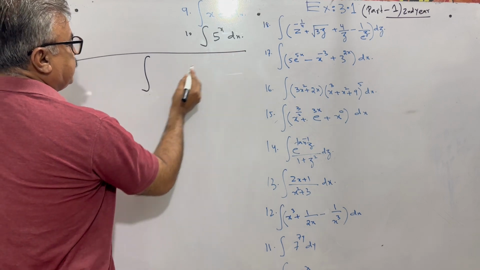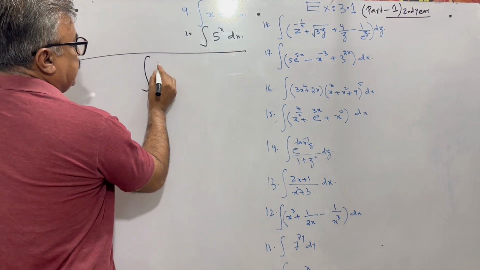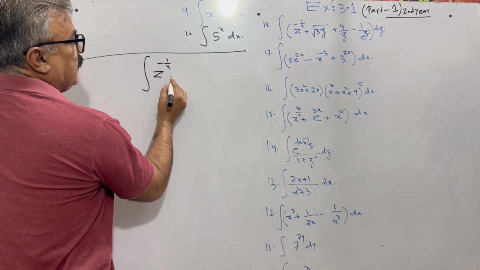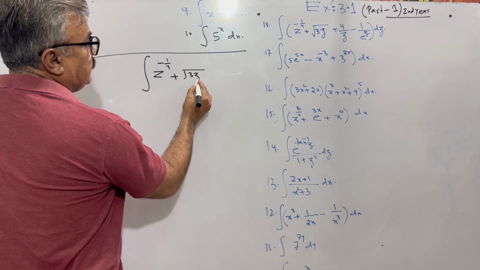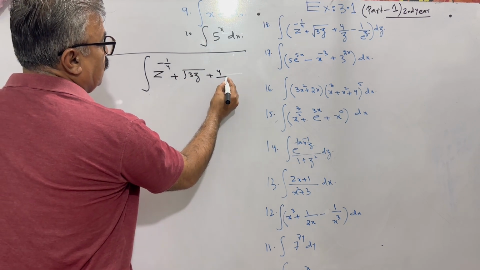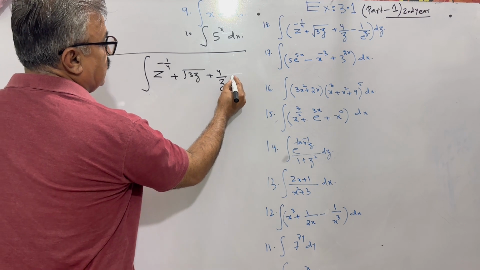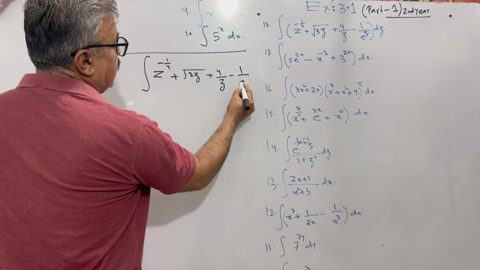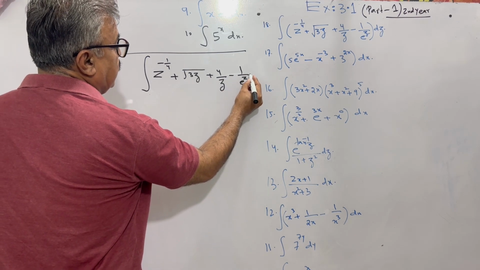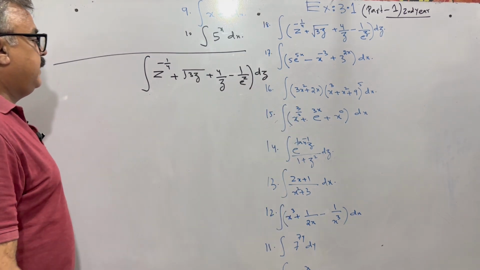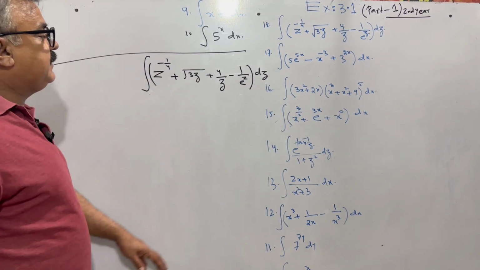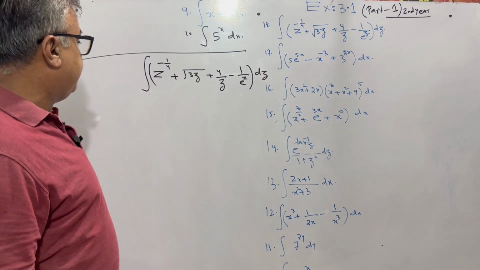Our last question, number 18, is the integral of z raised to the power minus 1 over 4, plus root 3 times root z, plus 4 over z, minus 1 over e raised z, dz. Here, dz is the indication that z is our variable.